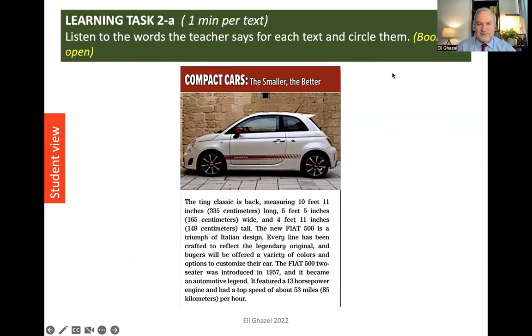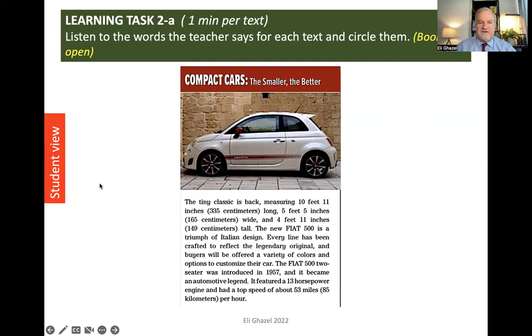Now, this is the student's view. The student is looking at their book or at the handout that you give them or at the slide. But if you gave them a slide, then they would not be able to circle the words. So they would need to circle the words on either a handout or on the pages in their book.